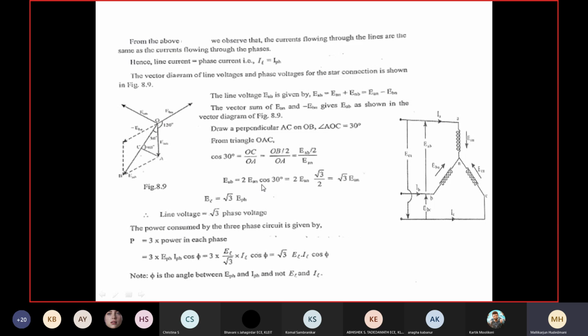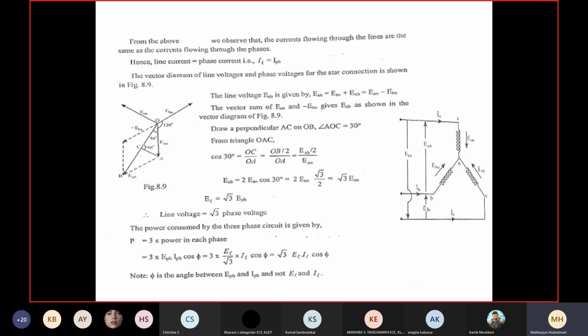I can simplify this. Can you see here? What is EAB equal to? EAB equals 2 into EAN into cos 30. Substitute cos 30 equal to root 3 by 2. What you get is, 2 cancels. EAB is equal to root 3 EAN. Then what did you get exactly?